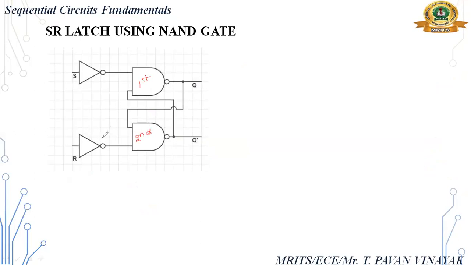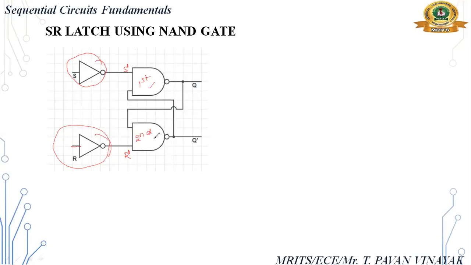For the second NAND gate, I am giving complemented R, so the input to the NAND gate is R bar. Here S is given as complemented, so the input going to the NAND gate is S bar. S bar and R bar.